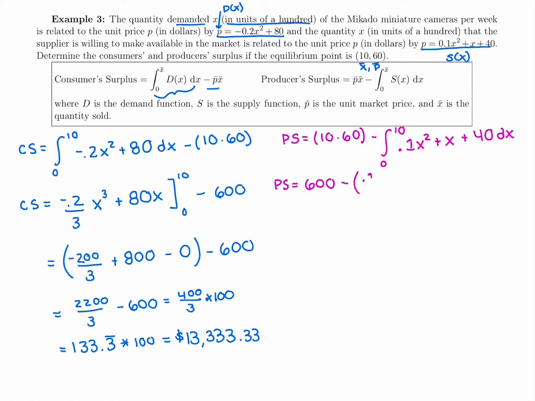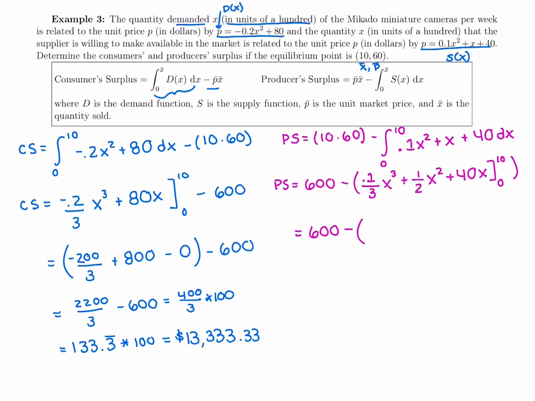So I'm going to keep the 0.1, divide by 2 plus 1 is 3, x to the 3, plus 1 over 2, x to the 2. The antiderivative of x is 1/2 x squared, and the antiderivative of 40 is 40x, and we would evaluate from 0 to 10. So I would do 600 minus, I would plug in 10 individually to all three terms. I would not round.